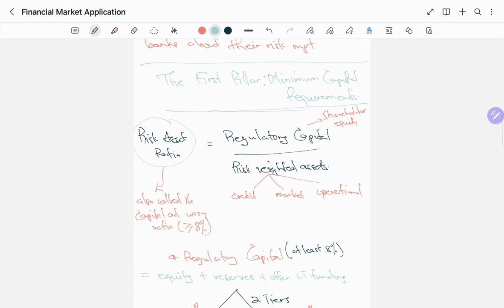So if we want to see how risky your assets are, we pick your regulatory capital, which is your shareholder equity, and then we weight it by the risk in the various assets.